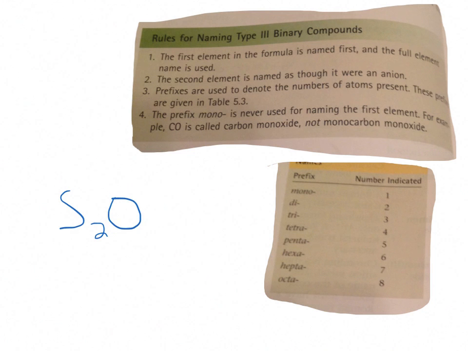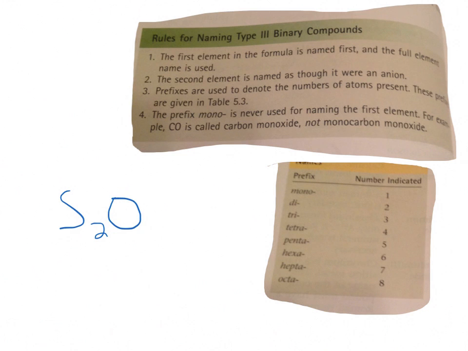So when you're doing these in class, the first thing you check is that first element. Is it a metal or not? If it's a metal, then you name it using the rules we did for type 1 and type 2. However, if it's a nonmetal, the rules are just slightly different. You can read the rules here with me, but I'm just going to do it in the problem.